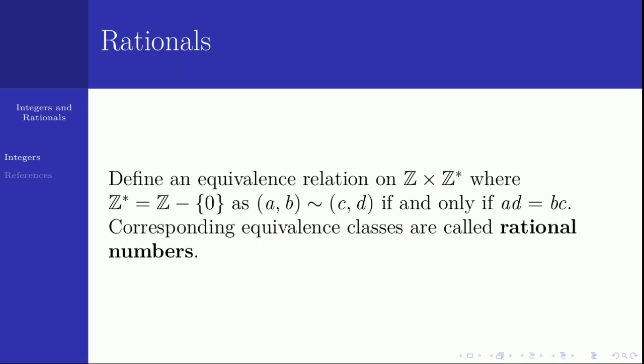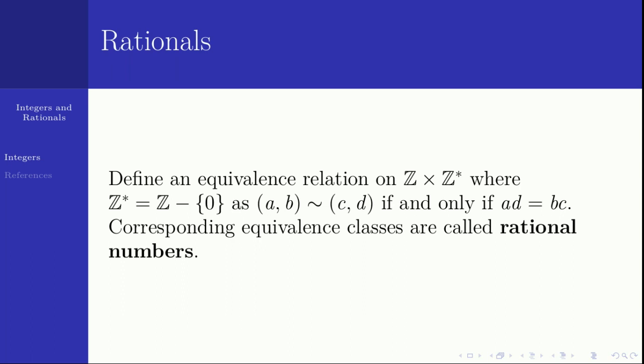The corresponding equivalence classes are called rational numbers. What you have to check first is whether this relation is an equivalence relation, and then try to observe what the equivalence class corresponding to (1, 2) is. Check it yourself.